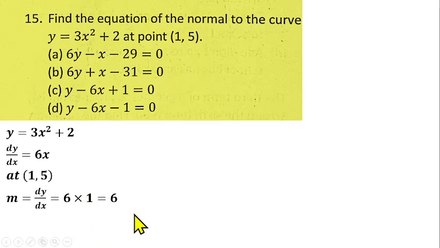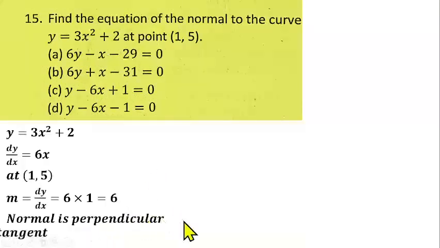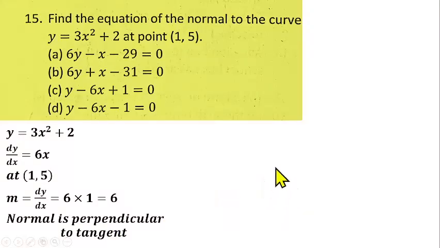From there, we know that the normal is perpendicular to the tangent, and we know that two straight lines are perpendicular when the product of their gradients, m1 m2, is equal to minus 1.